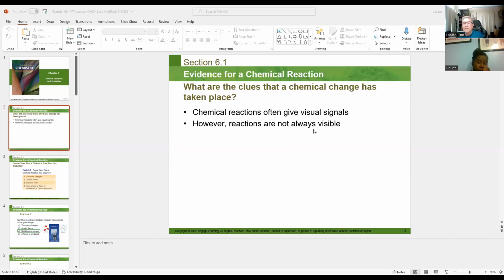It can be hotter or colder, depending on whether the reaction is exothermic or endothermic.